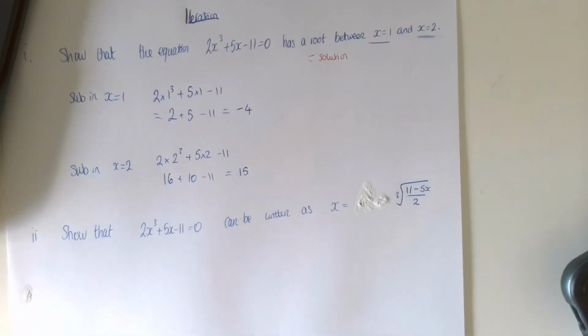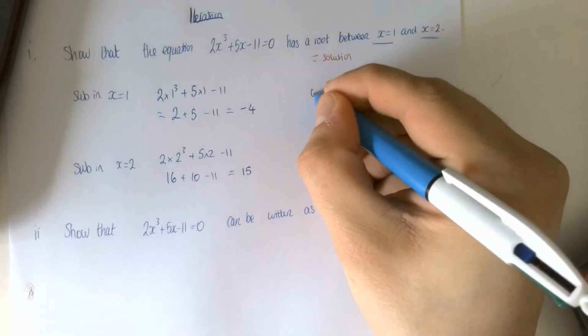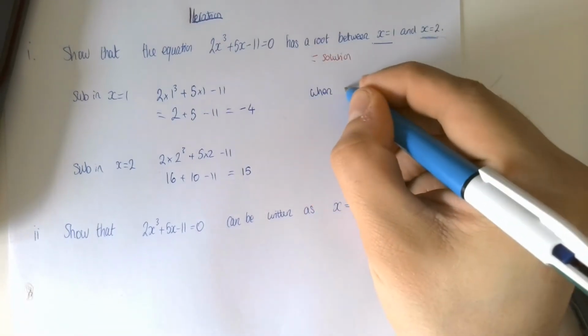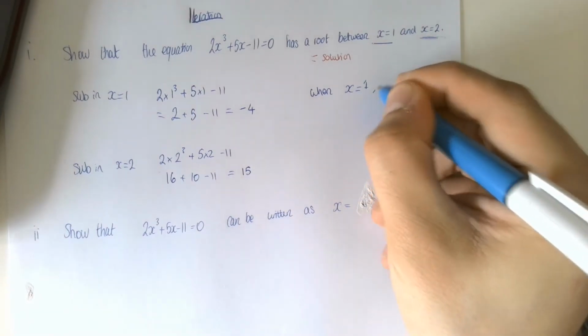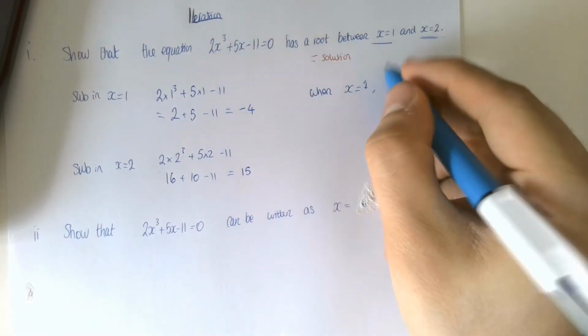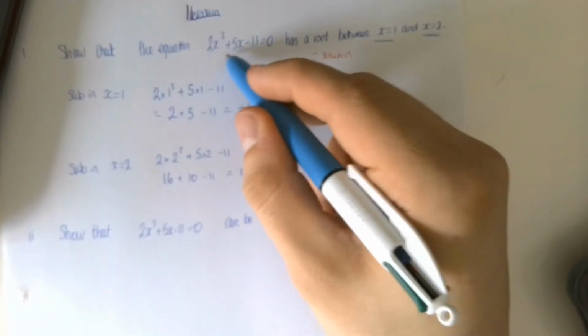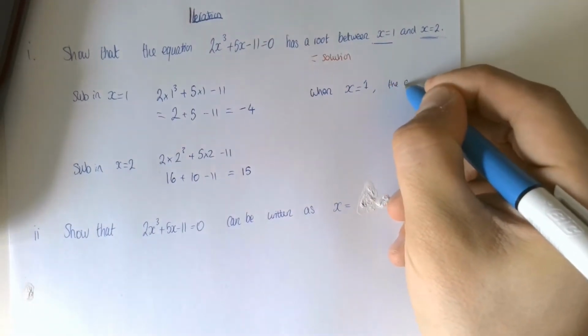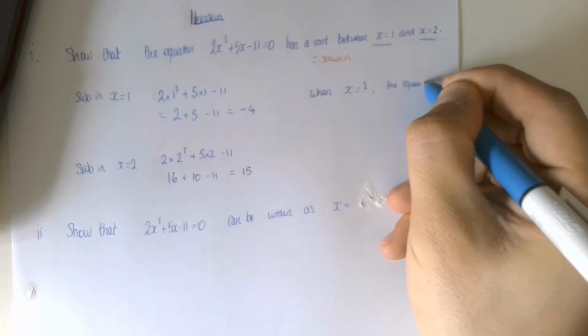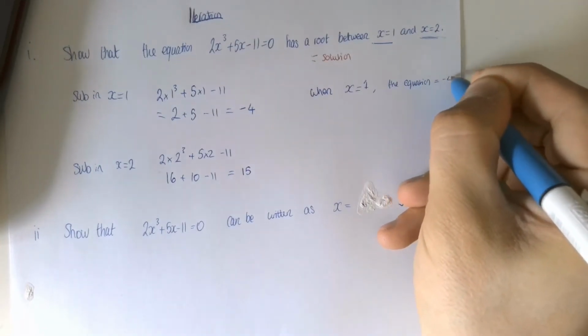So I can say when x equals 1, the equation equals -4.